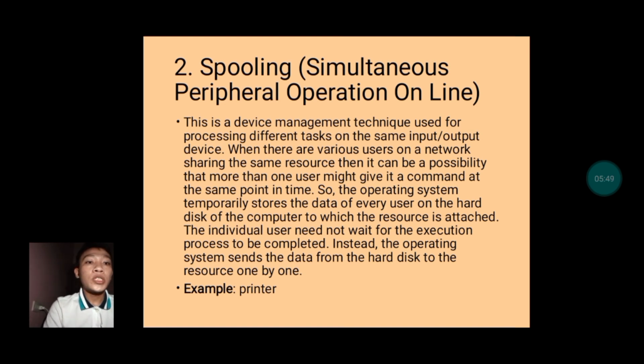So the individual user need not wait for the execution process to be completed. Instead, the operating system sends the data from the hard disk to the resource one by one. Example, a printer.